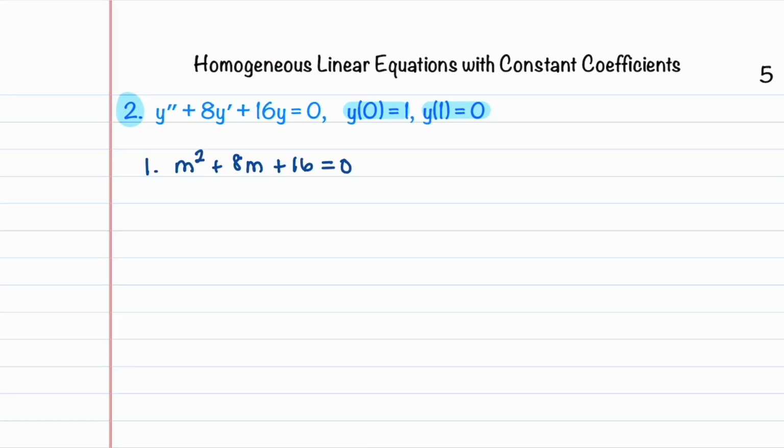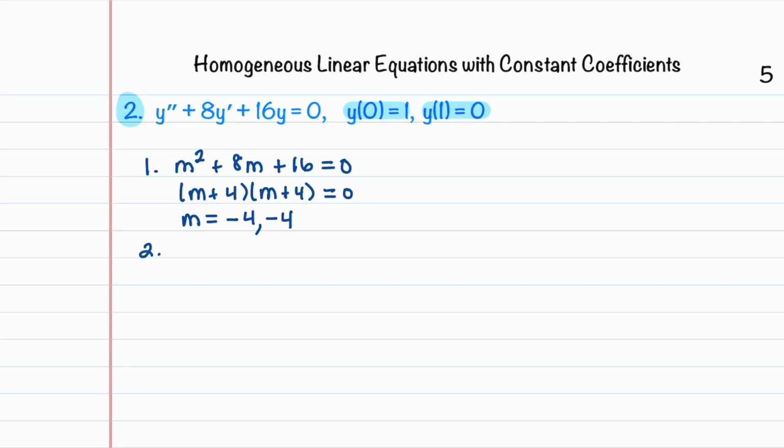We can factor this as m plus 4 times m plus 4, and that's equal to 0. So we get that m is a repeated root, minus 4 and minus 4.